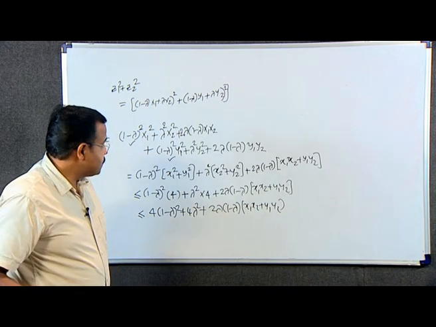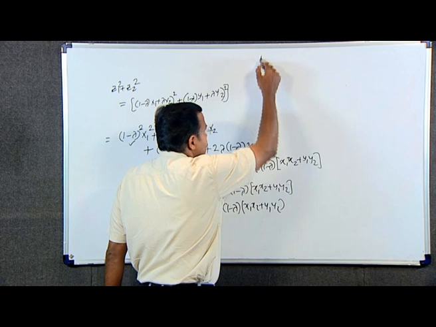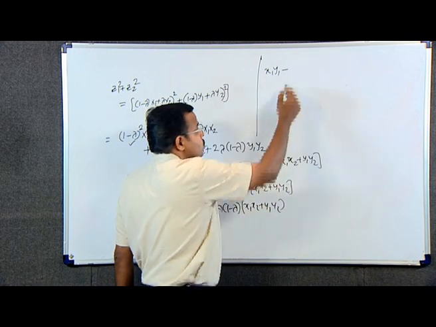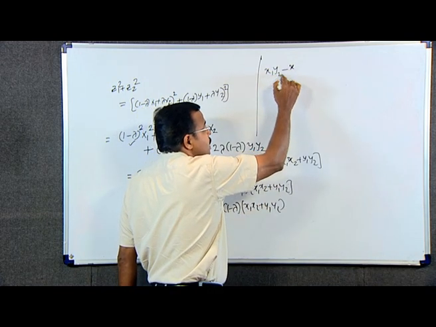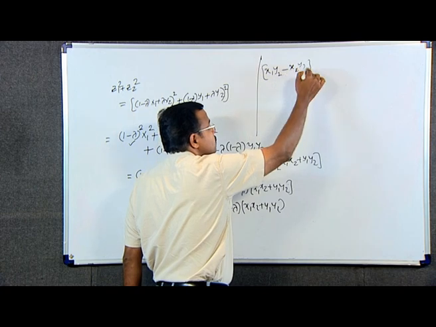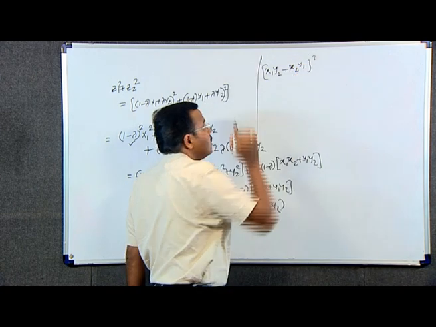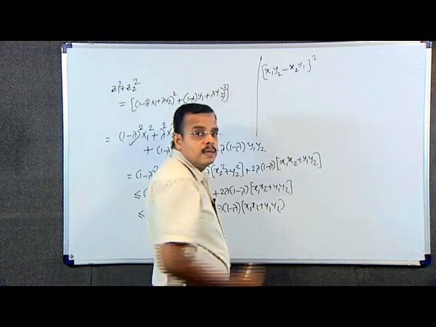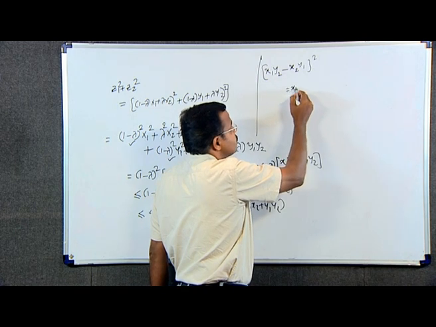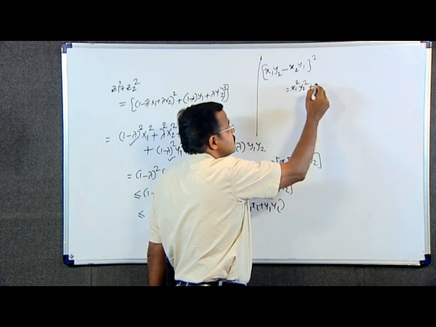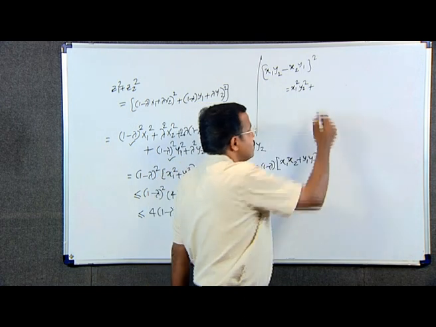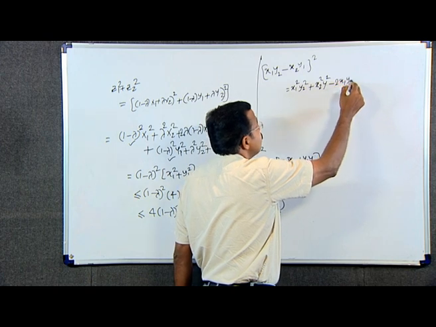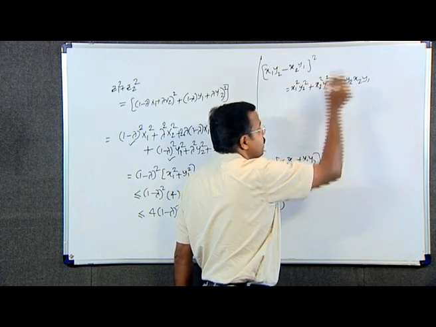Here consider the term x1 y2 minus x2 y1 the whole square, that is equal to x1 square y2 square plus x2 square y1 square minus 2 into x1 y2 into x2 y1.